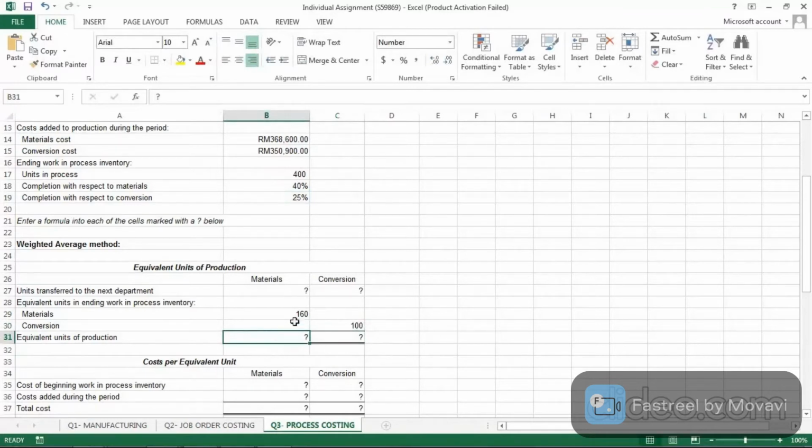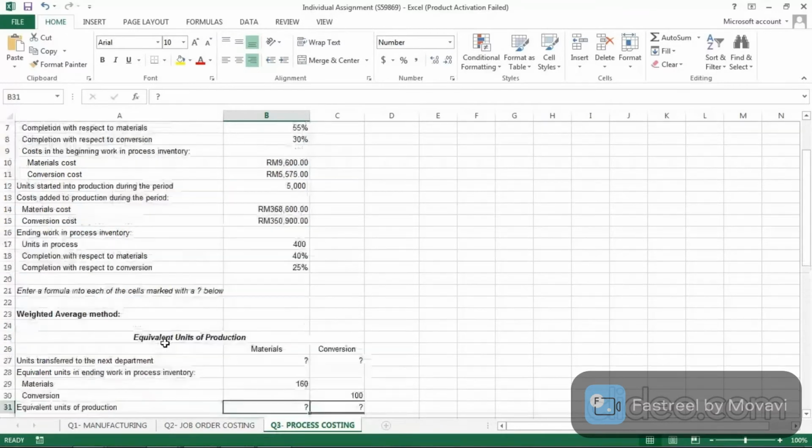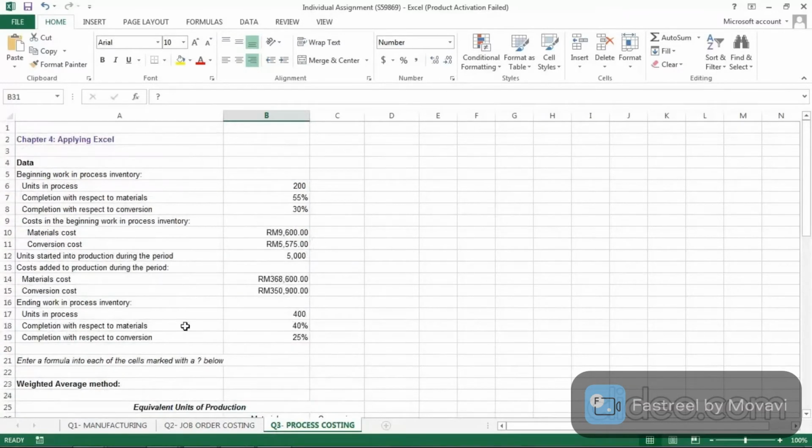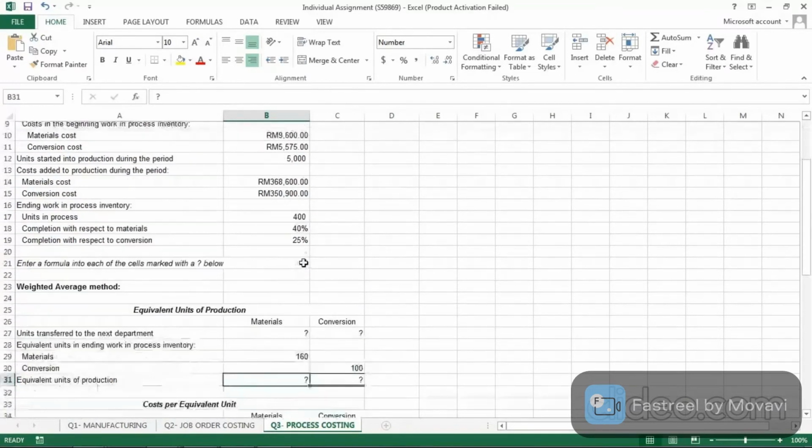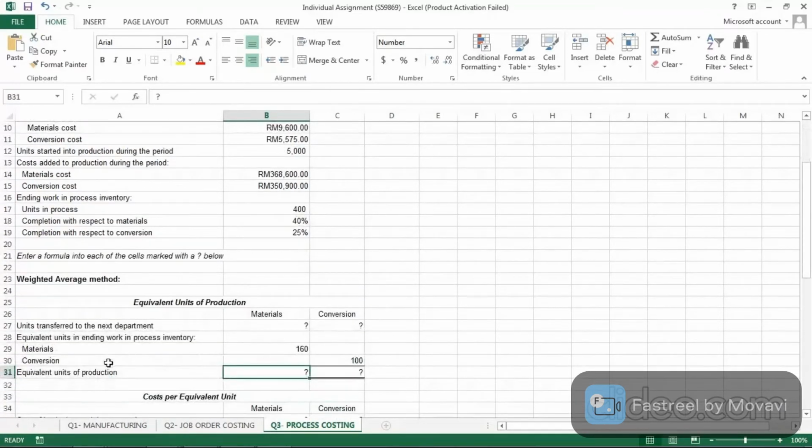After that, we already know that equivalent units of production is equal to units in beginning work in process inventory, 200 plus units started into production, 5,000. So 5,000 plus 200, we will get 5,200. Total equivalent units of production, 5,200.